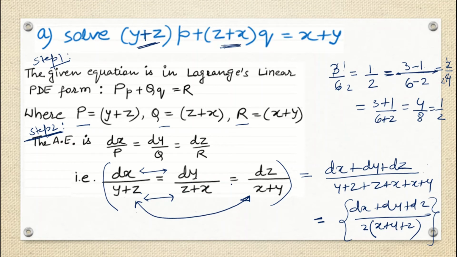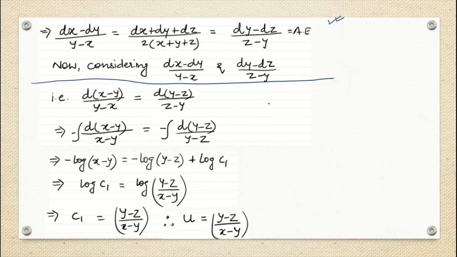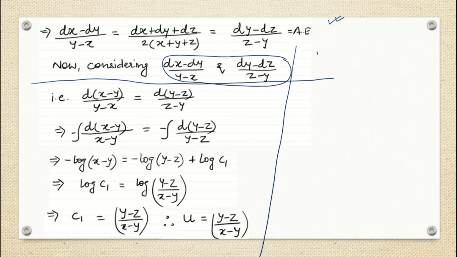So we thought we will add some more fractional terms without violating any property of equations. Now we are going to equate these two new fractional terms. That means I'm writing here dx minus dy divided by y minus x equals dy minus dz divided by z minus y. And now I'm going to move further using this equation.